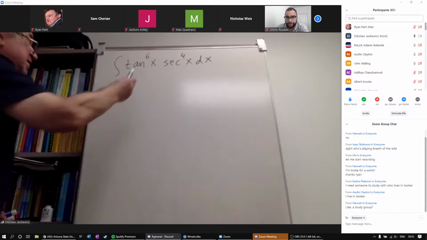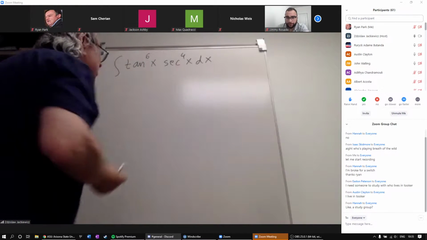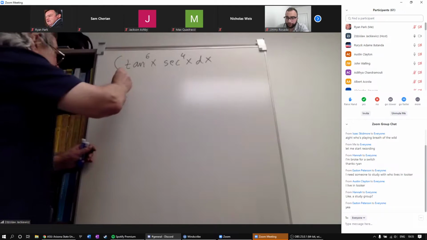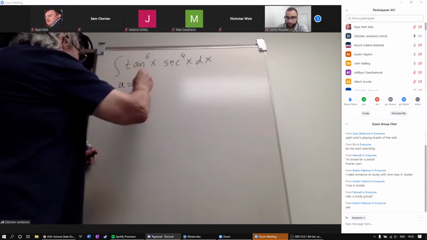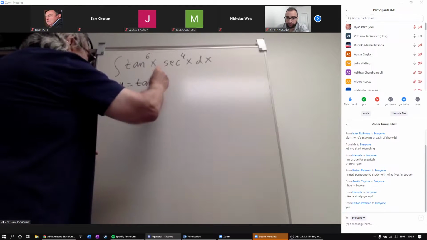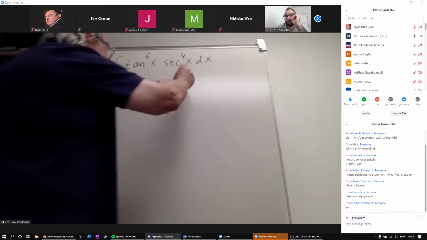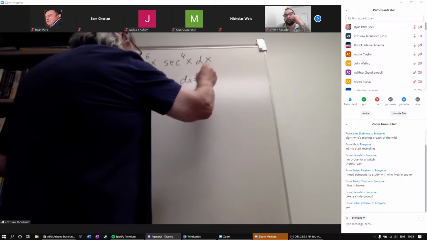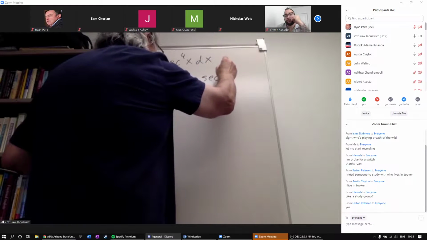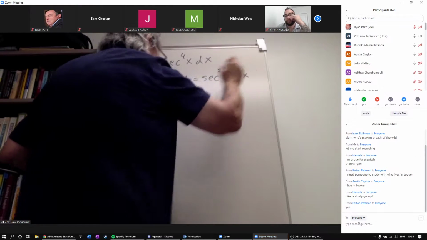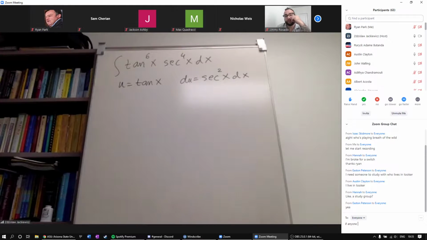So again, when you have even power and even power, the recommended substitution is u equal tangent x. Then, of course, du is secant squared x dx. Let me put this trigonometric identity here as well.